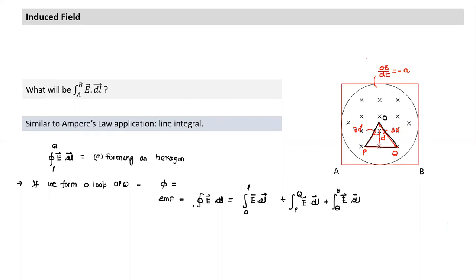And so what will be the flux here? Flux will be equal to B into area. Okay, if the height is D, what will the area be?